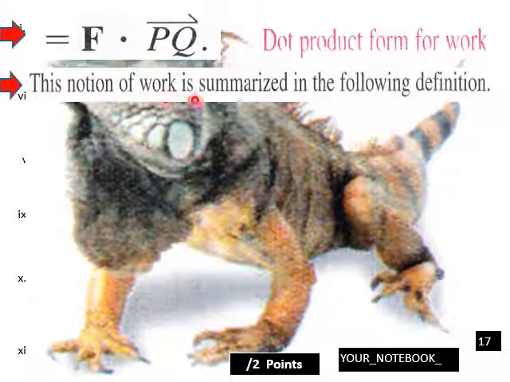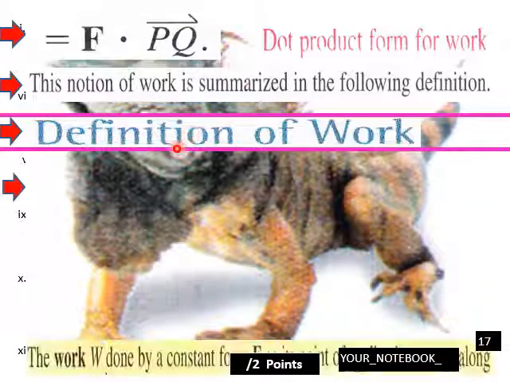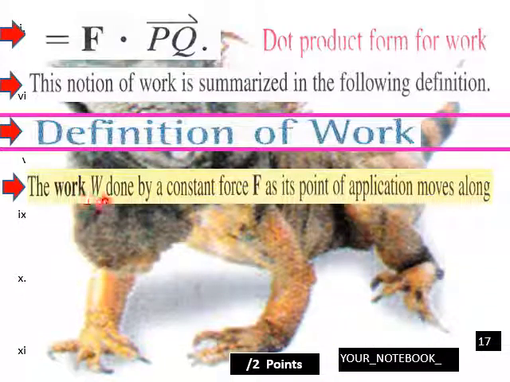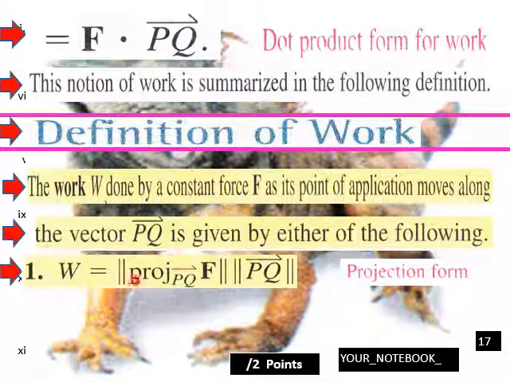This notion of work is summarized in the following definition. The work W done by a constant force F as its point of application moves along the vector PQ is given by either of the following.